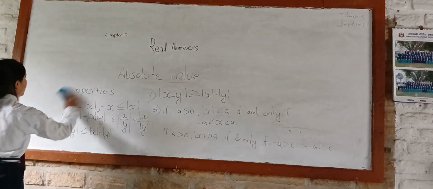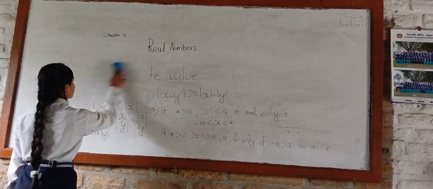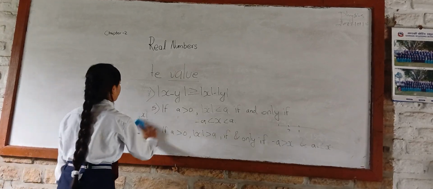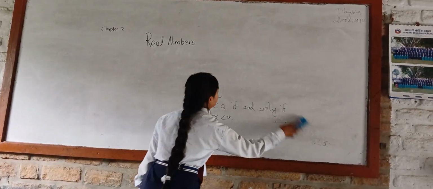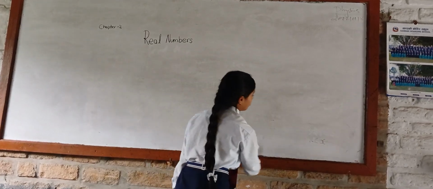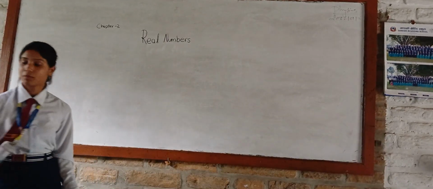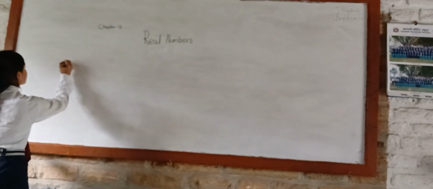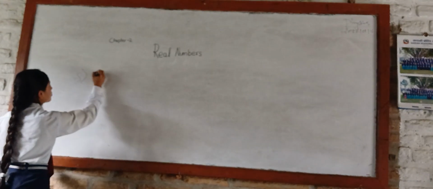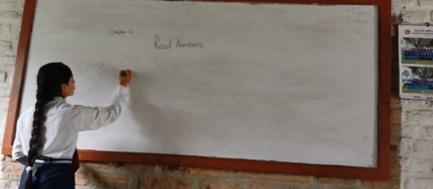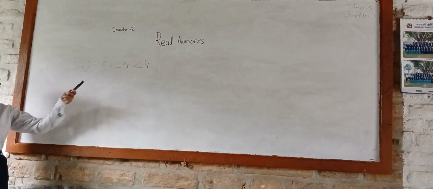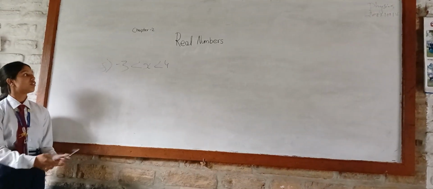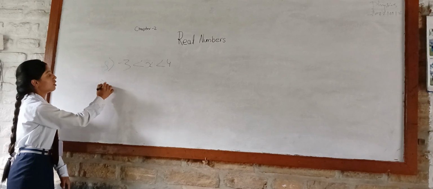Now, we have to express this equation in the form of absolute value. Firstly, we have to add a constant on all the sides.